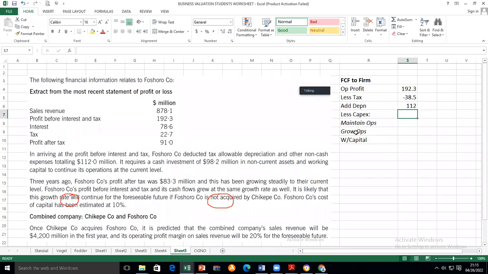So, to maintain its operations, together as the working capital, they have combined them.